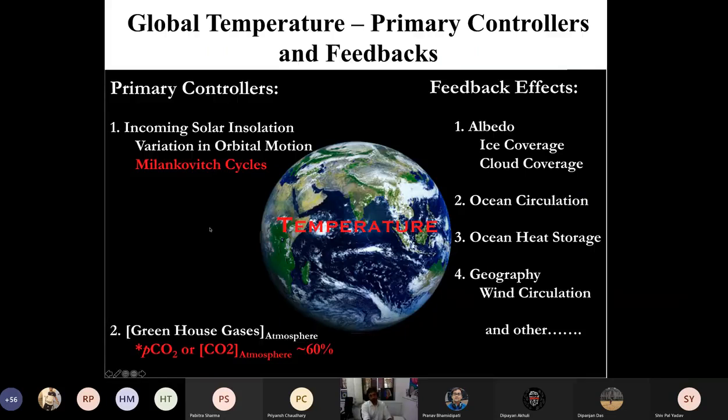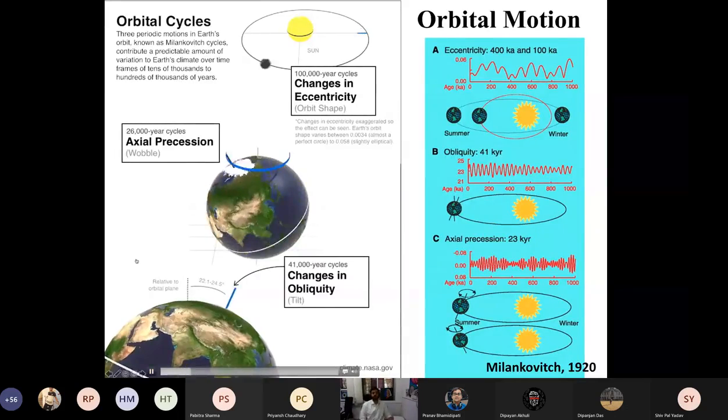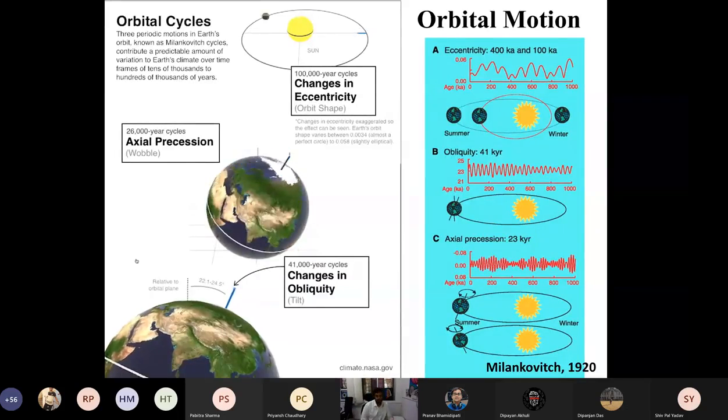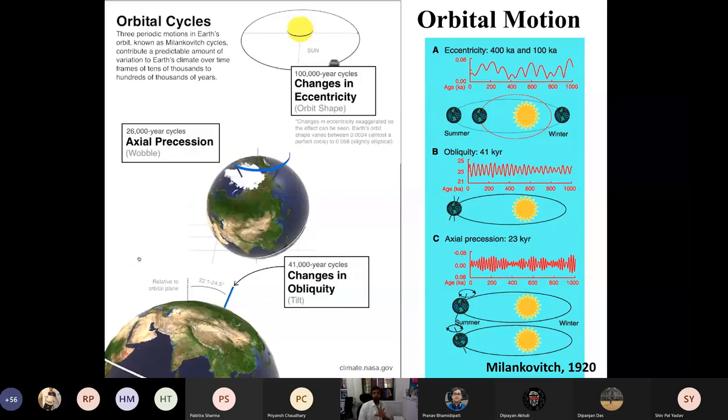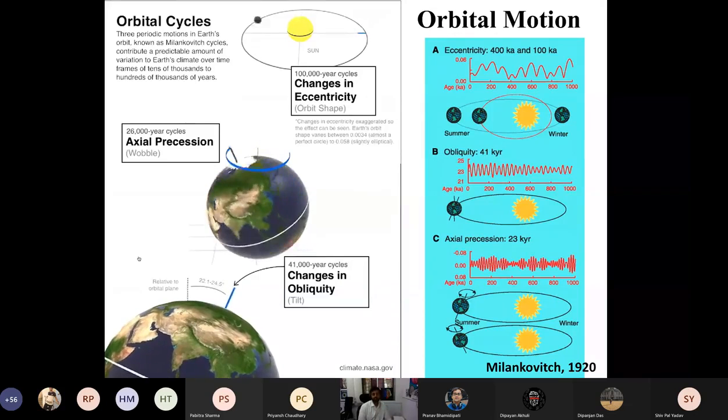Okay, so we will revisit the bit that is controlled by Earth's orbital motion around the Sun in terms of controlling its temperature. Now, there are three parameters in Earth's orbital motion around the Sun. The first is the shape of the orbit around the Sun, which is given by the eccentricity.